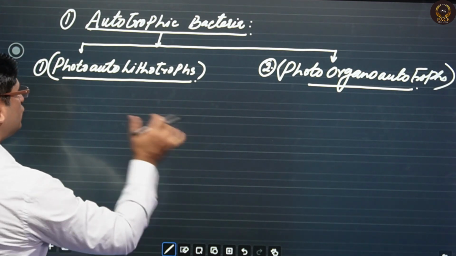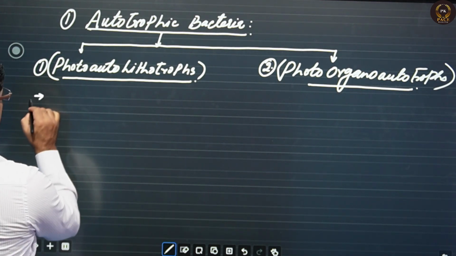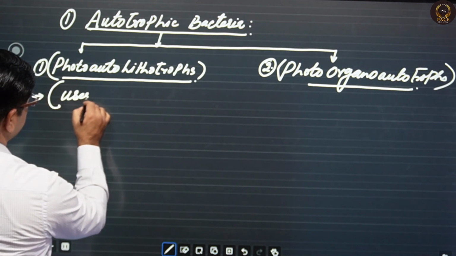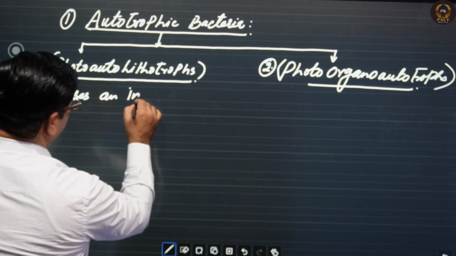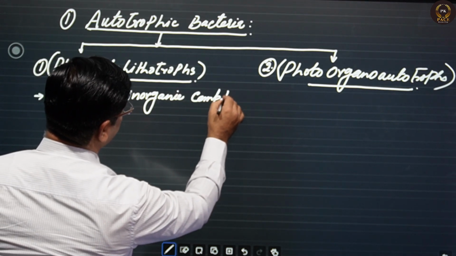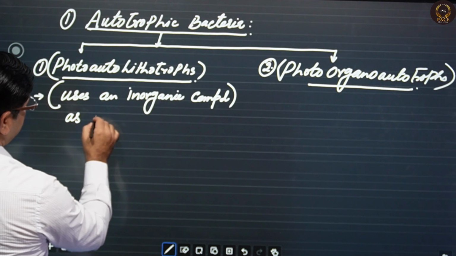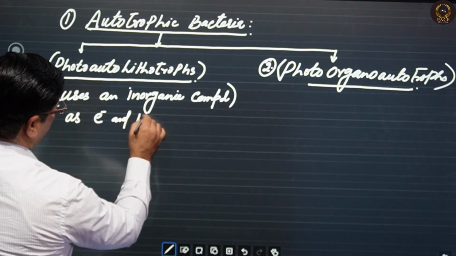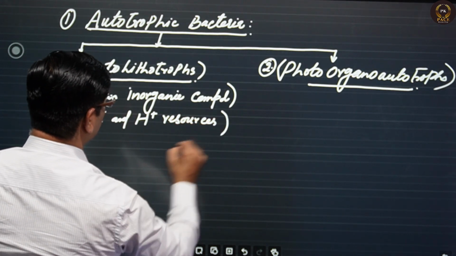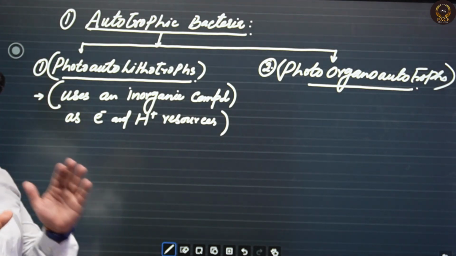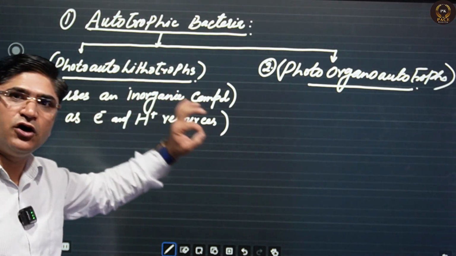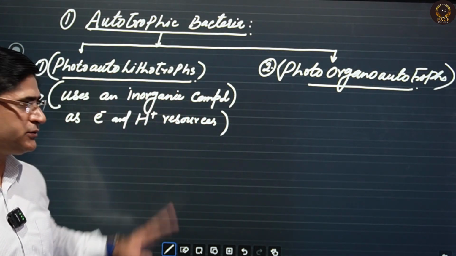Photolithoautotrophs, what are those? These are the autotrophic bacteria which use an inorganic compound as the electron and proton source, any inorganic compound.